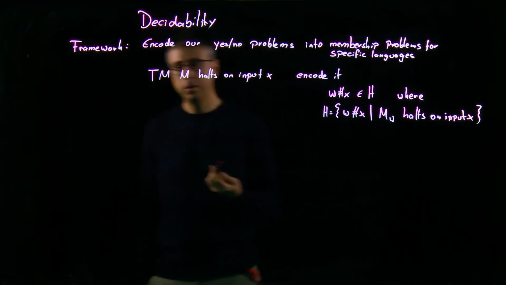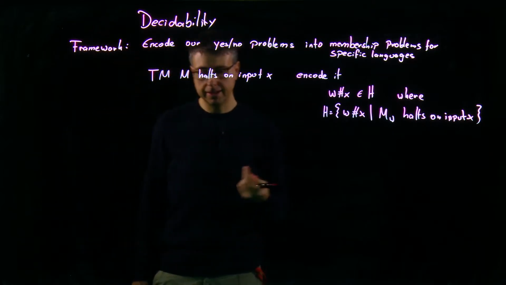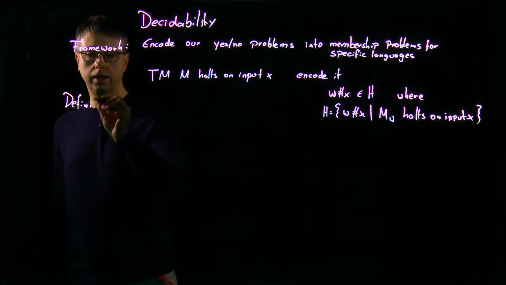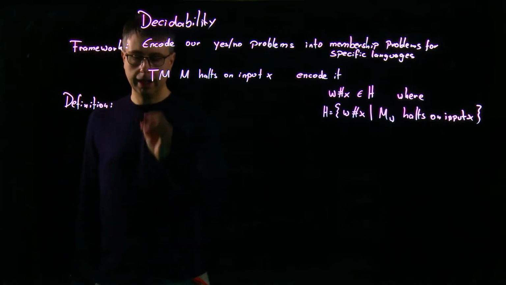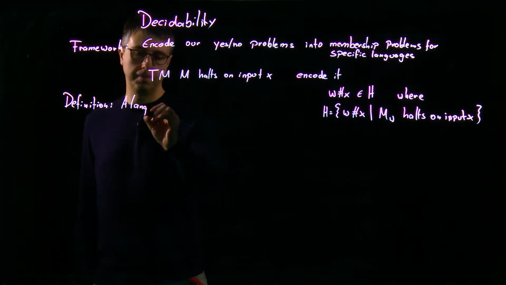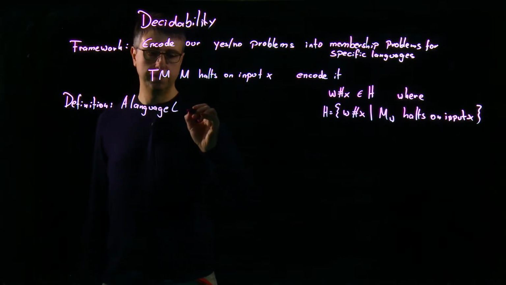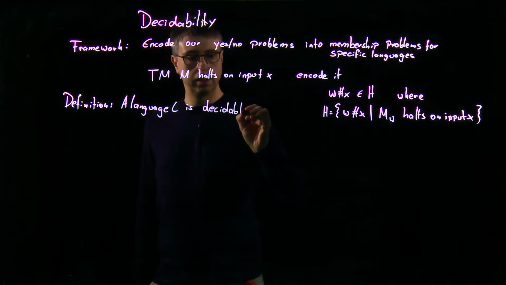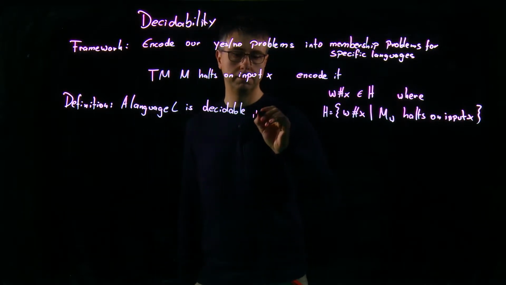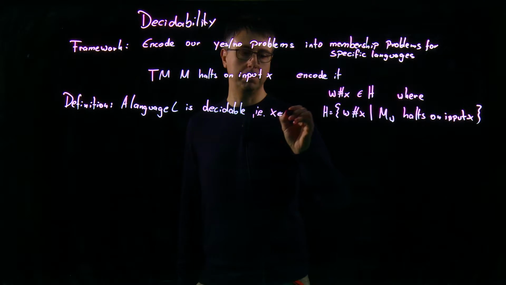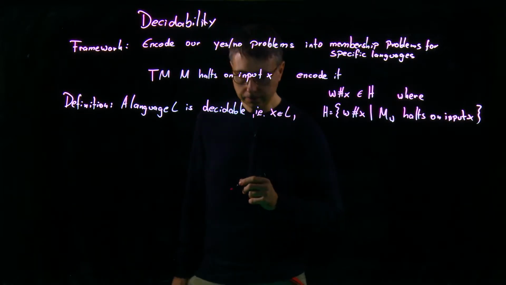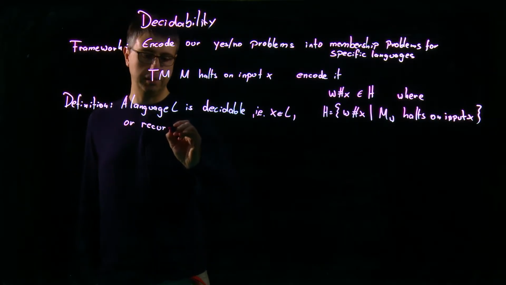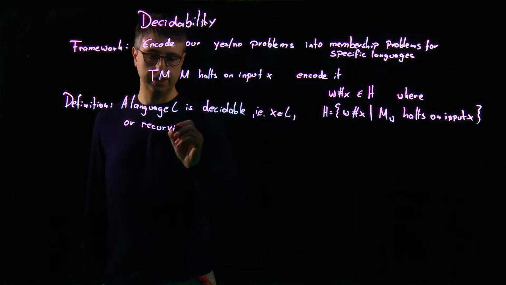Now we define what it actually means that a language is decidable. The definition is: a language L is decidable, meaning we want to decide whether some X is in L, or recursive, which is another word for the same idea.